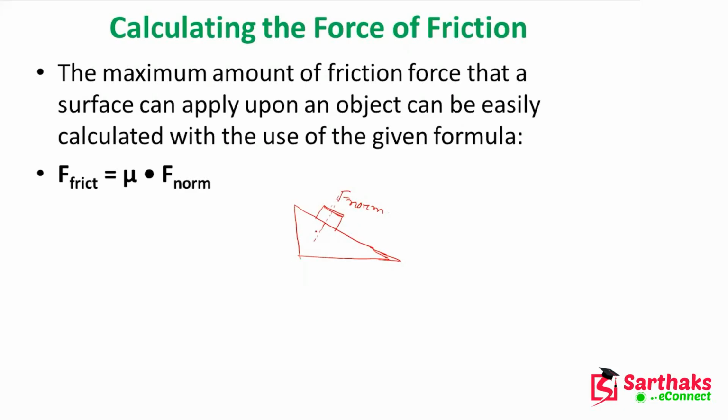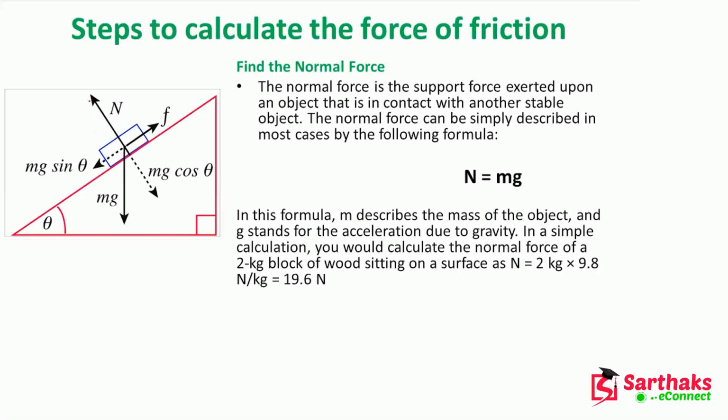So the frictional force is mu times the normal force, where mu is the coefficient that depends on the surface of this floor. And the normal force is the support force exerted upon an object that is in contact with another stable object.